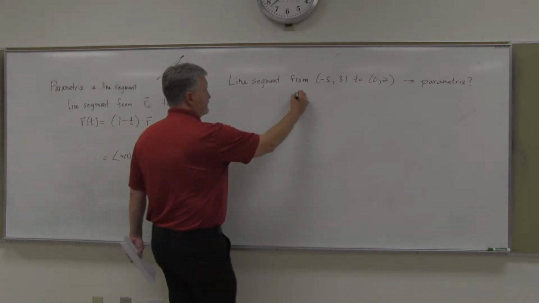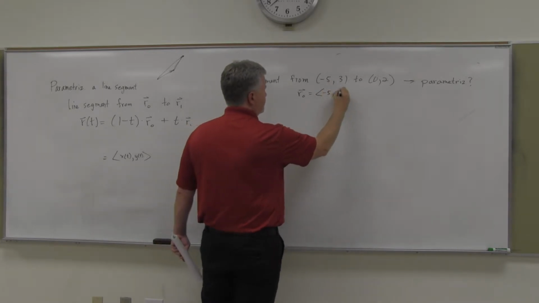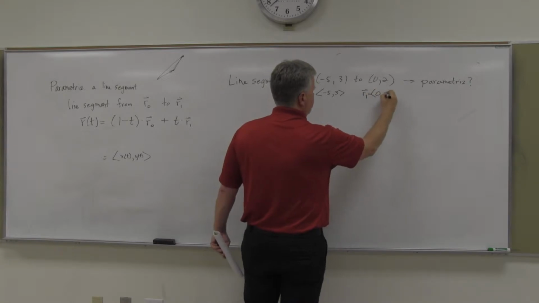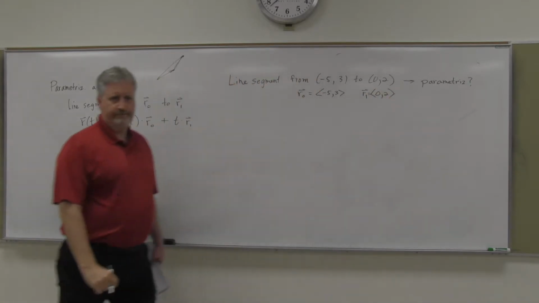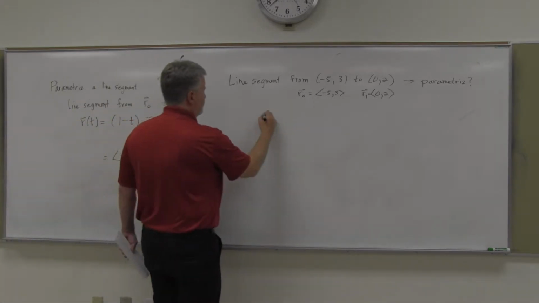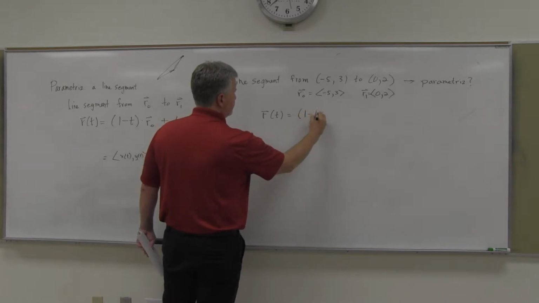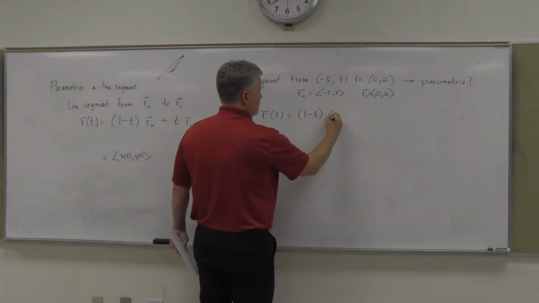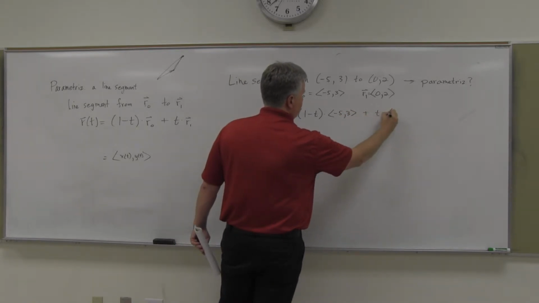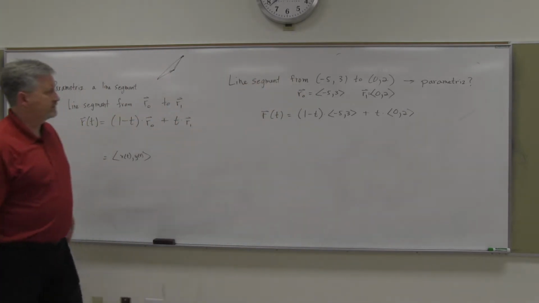We're going to call R0 the vector to that point, and R1 the vector to that point. Through this formula, R of t equals (1 minus t) times R0 plus t times R1, just crank that out and see what it gives me.